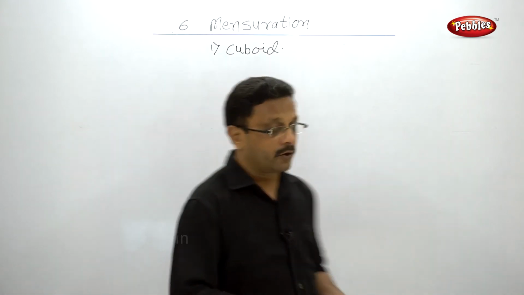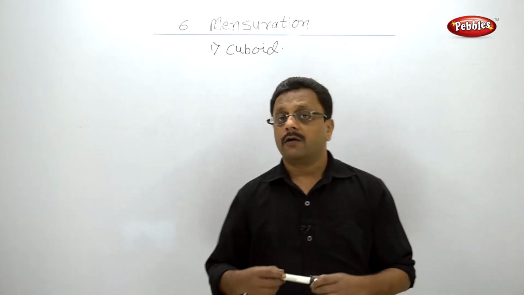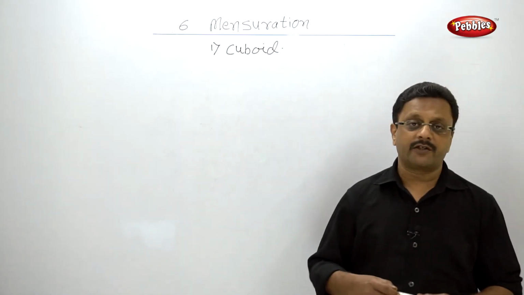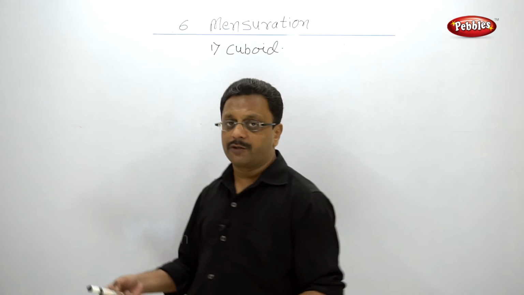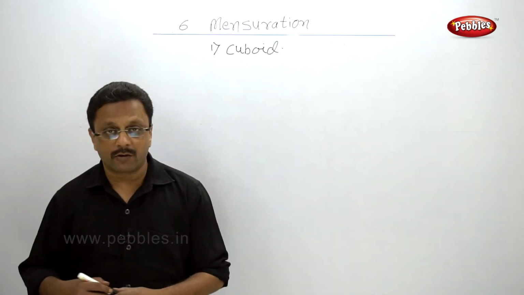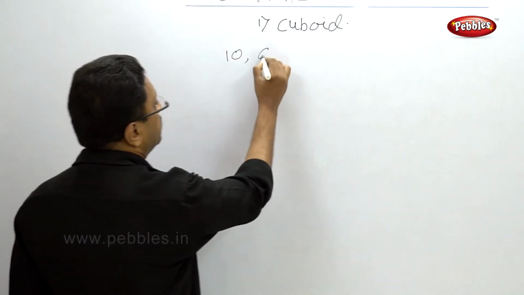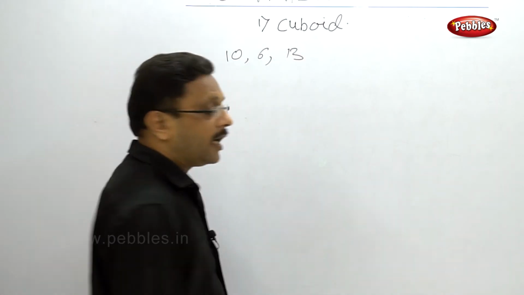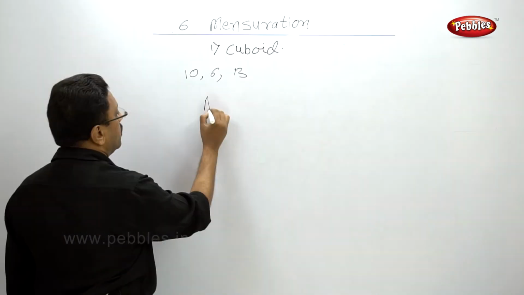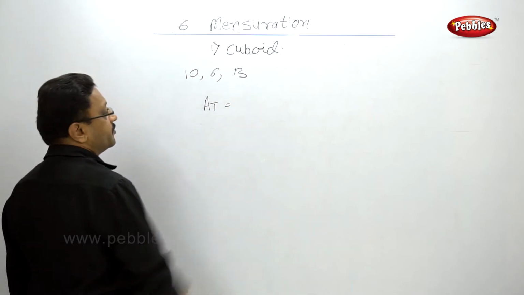We have already seen the formula for total surface area. All three sides of the cuboid are given, so you can easily find the total surface area. In the first example, the sides are 10, 6 and 13 centimeters, and you have to find the total surface area.